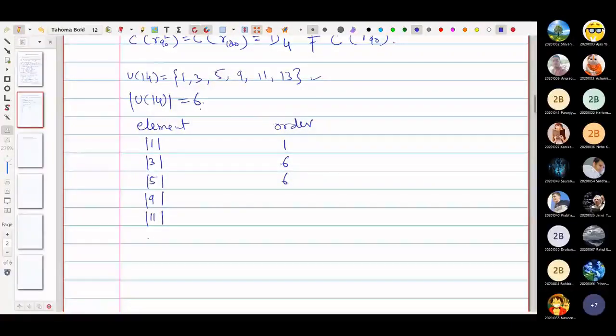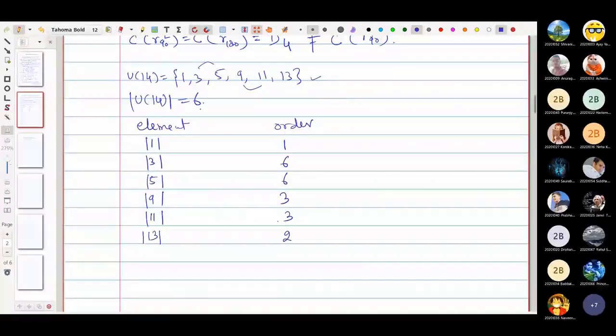Both have order 3. Here we got pairs, they are inverses of each other, so 13 should be self-inverse. So its order should be 2.